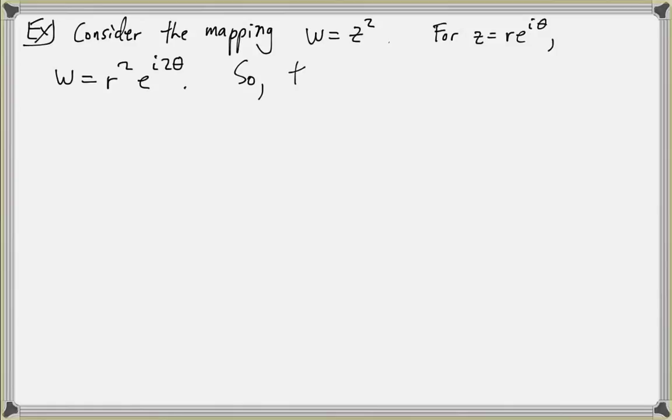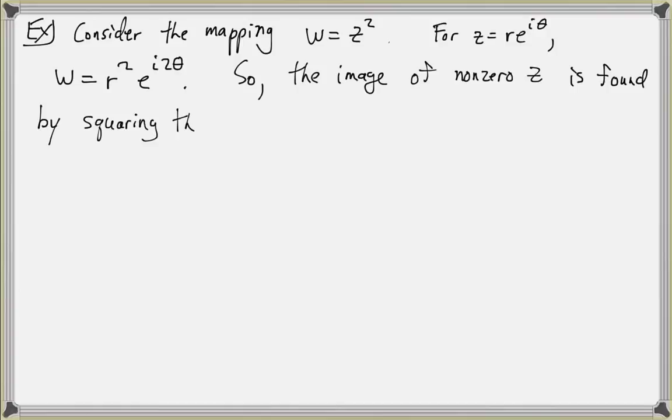So the image of any non-zero z is found by squaring the modulus and doubling the value theta of the argument of z.